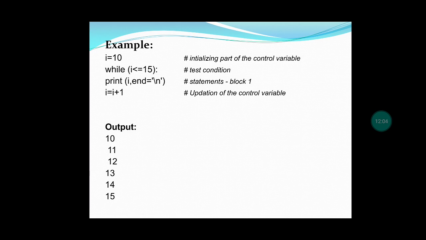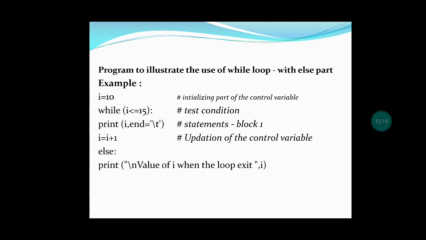In this example, we have not yet used the else part, but next, let us see an example of the else part. i = 10 is the initializing part of the control variable, and then the test expression. Next, the statement block 1 and the updation.